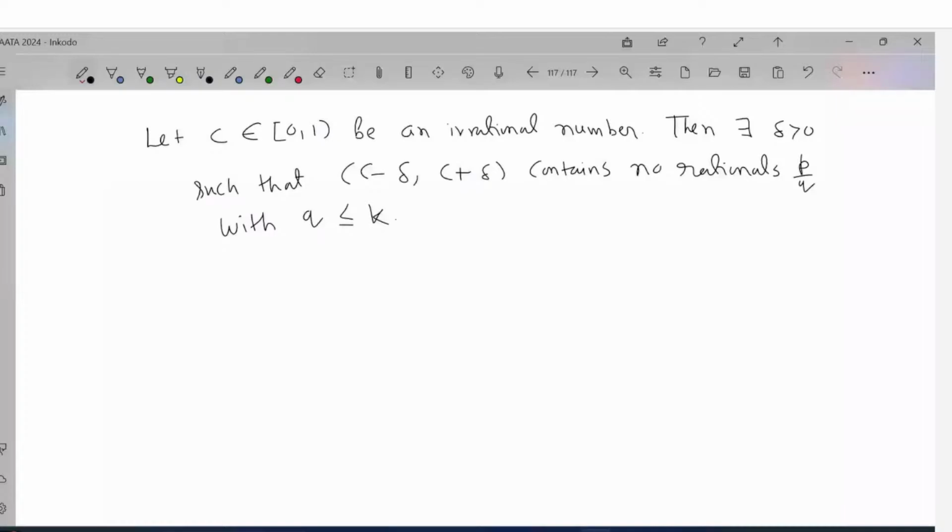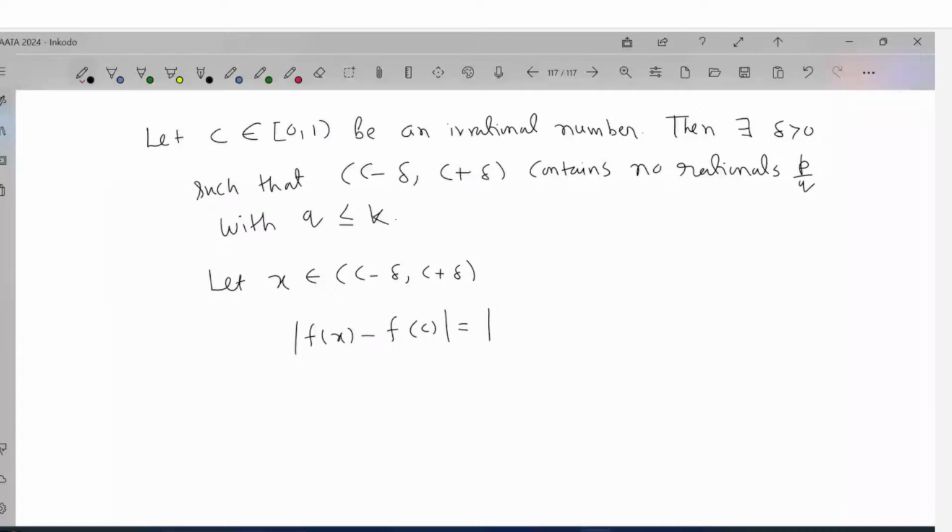So next, for this interval, let x belong to (c minus delta, c plus delta). If we have f(x) minus f(c), now what are the possibilities? If x is an irrational number, then it will be 0 minus 0.